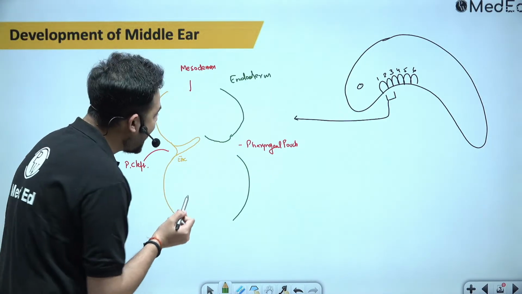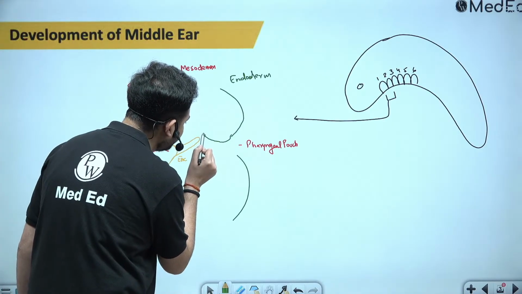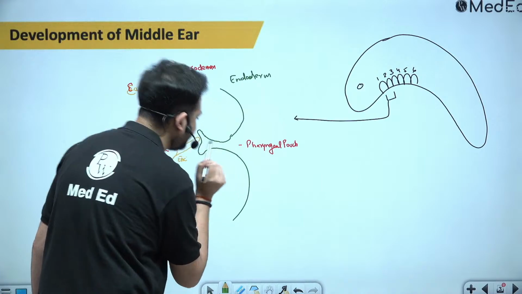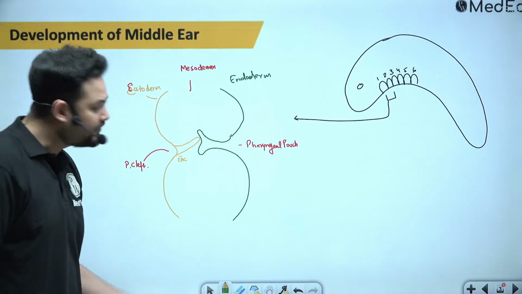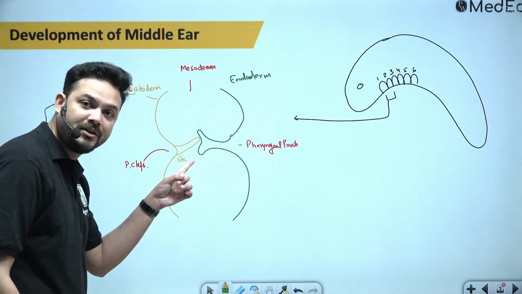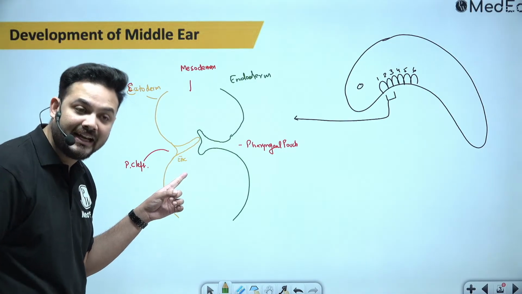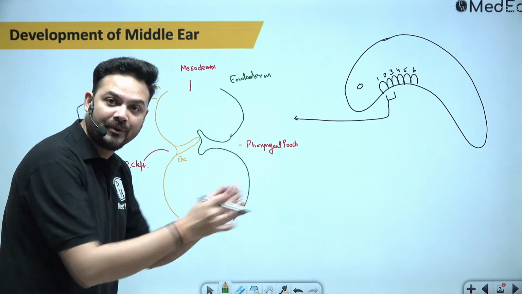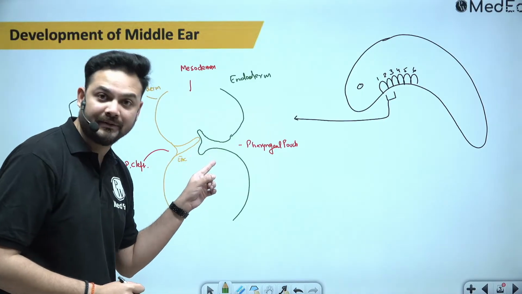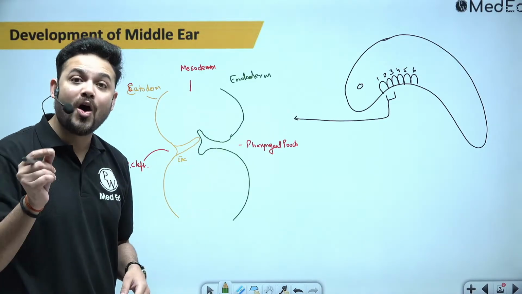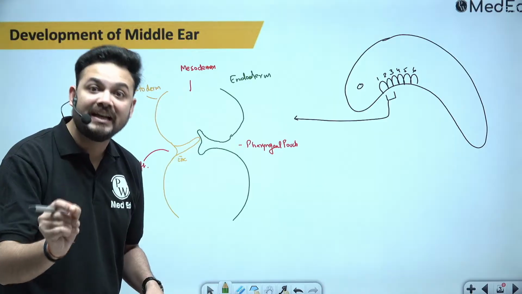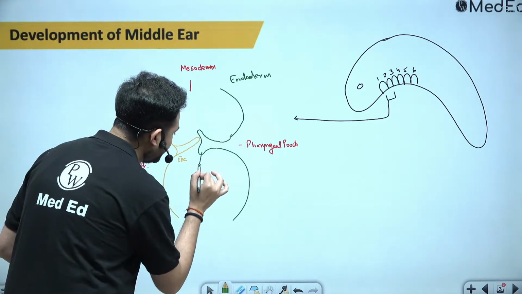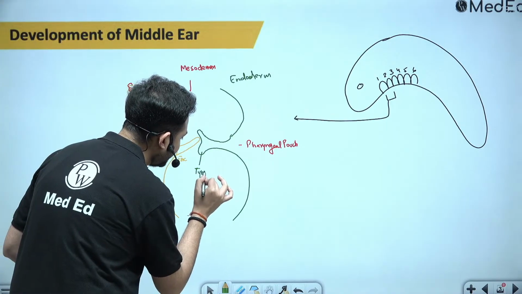When it reaches the pharyngeal cleft, this first pharyngeal pouch starts to expand distally, it is going to expand out. This expansion of the first pharyngeal pouch gives the future tympanic cavity.